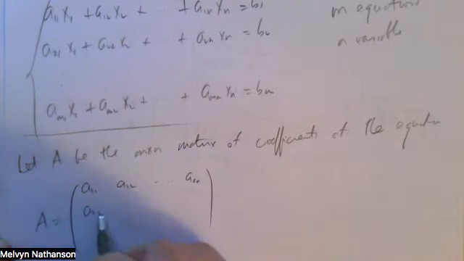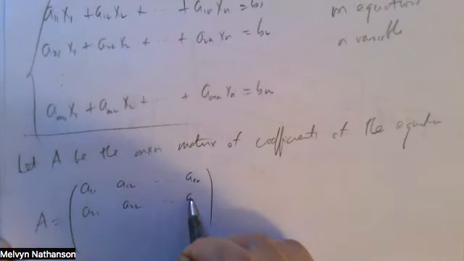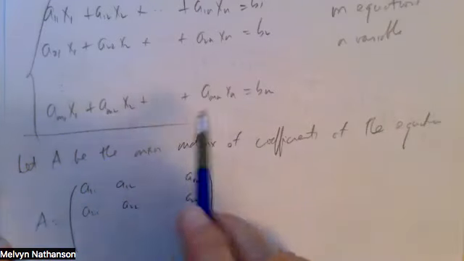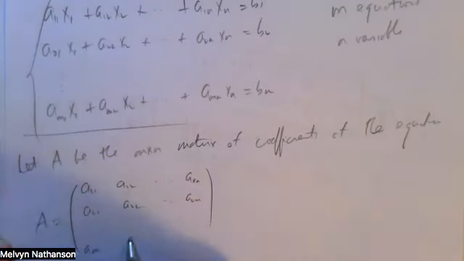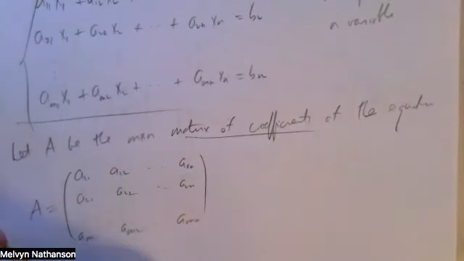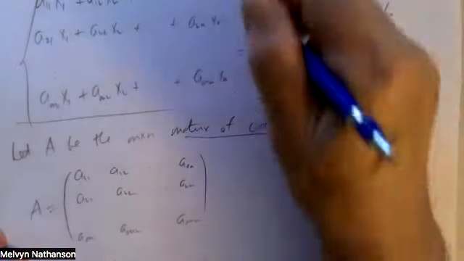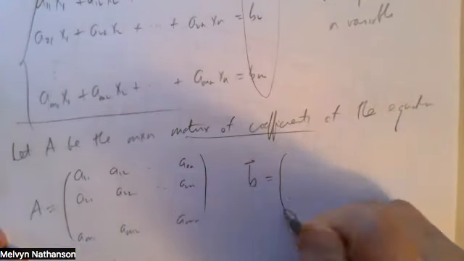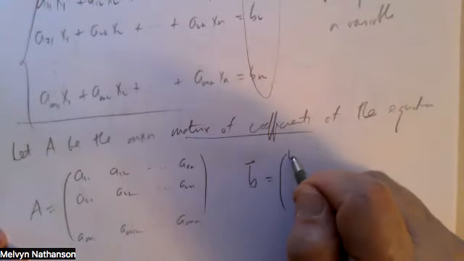The second row has the coefficients of the second equation, a21, a22, up to a2n. Down to the mth row, you take the coefficients of the mth equation. This is called the matrix of coefficients of the equations. This is an m by n matrix. Let b be an m-dimensional vector, which is the right-hand sides of these equations.